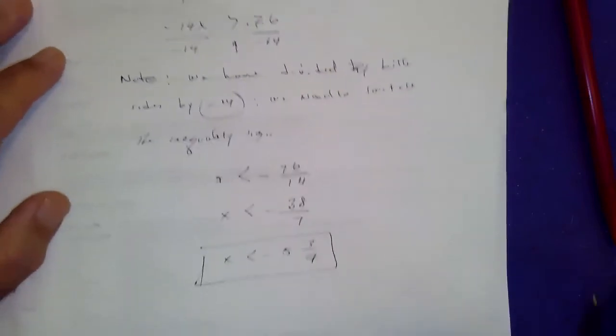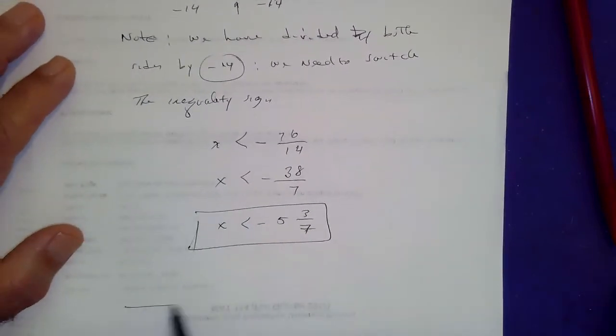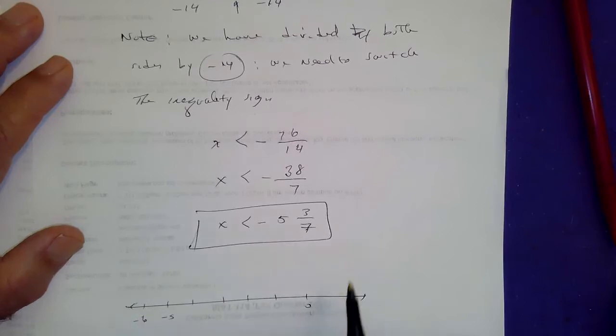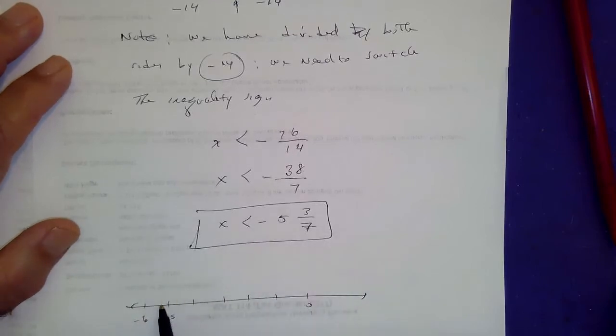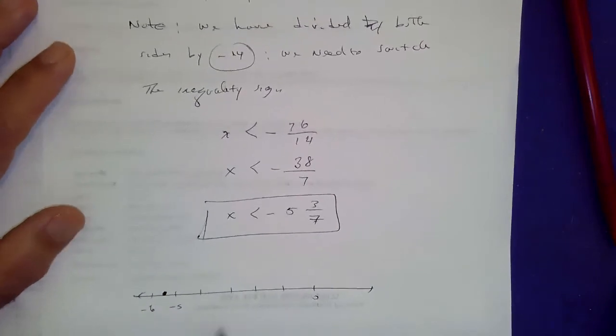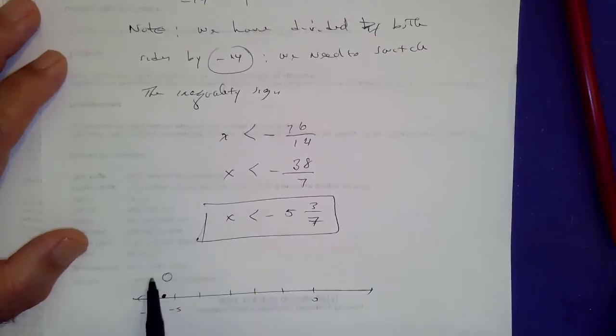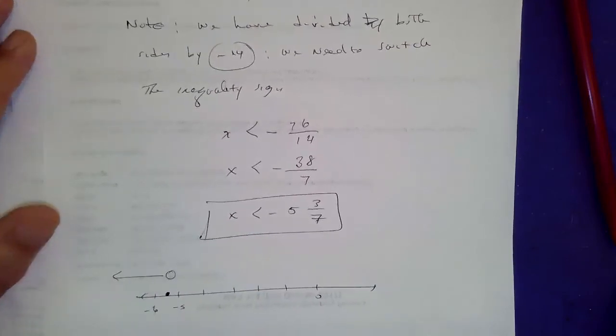So what do you do now? So you kind of go on a number line. Here's 0, 1, 2, 3, 4, 5, 6. So the answer is somewhere out here, between negative 5 and 6. We have an open dot. It's less than, so the arrow goes to the left.